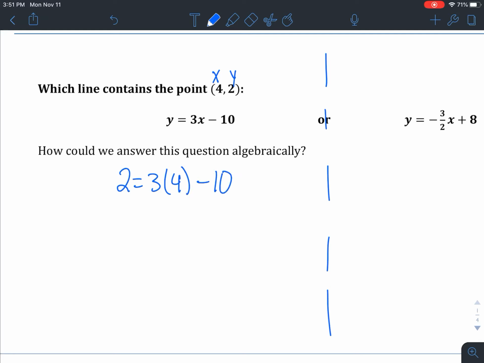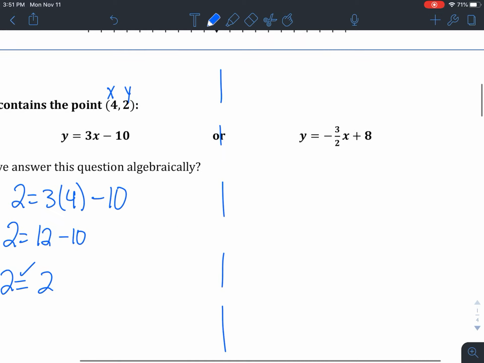So all I'm doing is substituting 2 in for y, 4 in for x. Just some simple algebra, order of operations: 3 times 4 is 12, minus 10 gives me 2 equals 2. Hey, that's good, I get the same thing on both sides, so it does work. So that's my algebraic way of showing that 4 comma 2 is a point on my line.